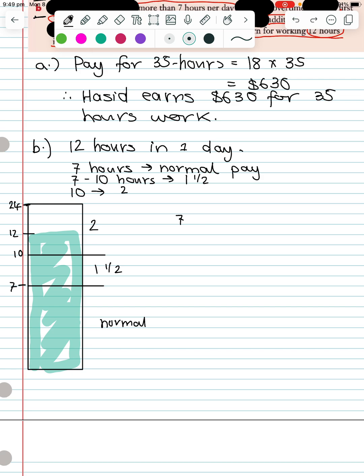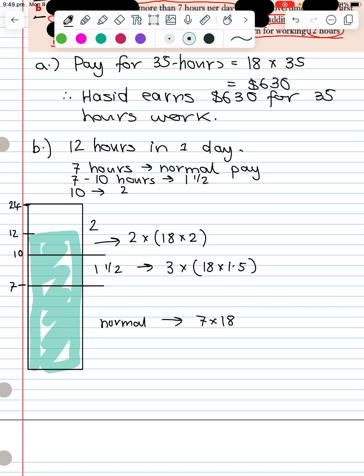Let's write this next to it. So 7 times 18. Now we won't do our equals. We then know from 7 to 10, he has got 3 hours, and this is going to be at his time and a half. So it's going to be 3 times his normal wage times 1.5. Then in this double time, he's creeping over it from 10 to 12 by 2 hours. So it's going to be 2 times 18 times 2, because it's double time.